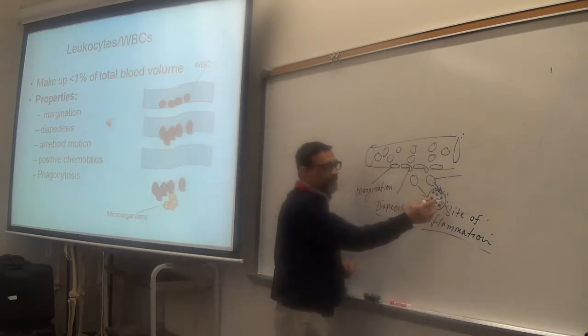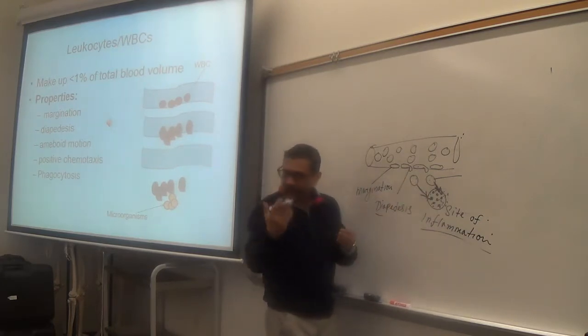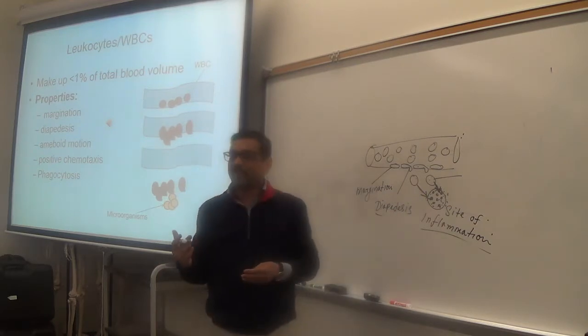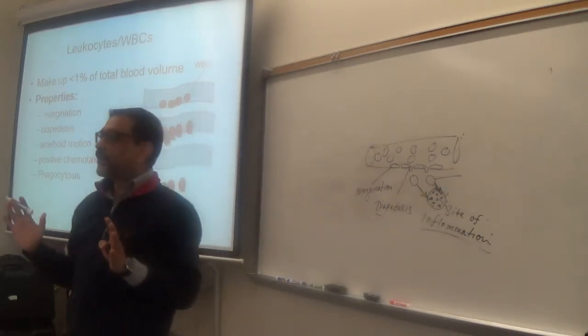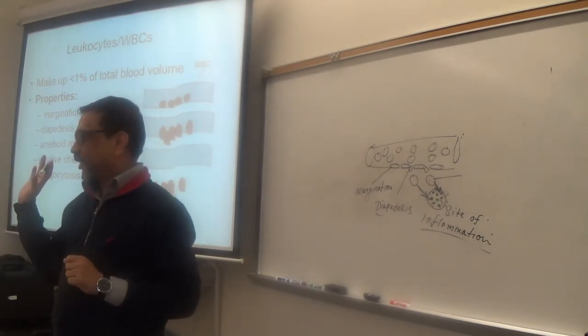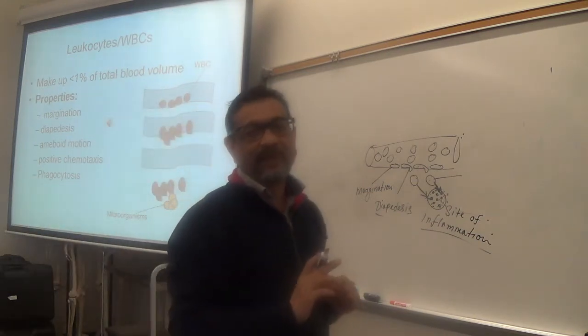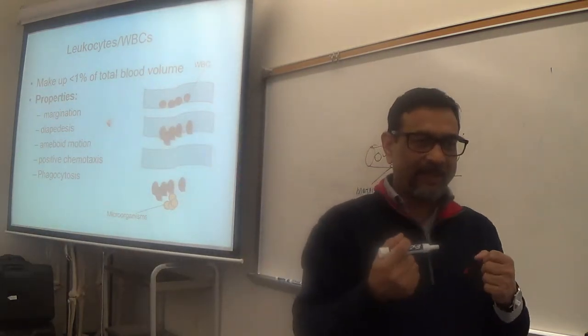So those chemicals attract the white blood cells, tell them to come towards the inflammation. Is it clear? So that is called what? Chemotaxis. Chemical attraction.